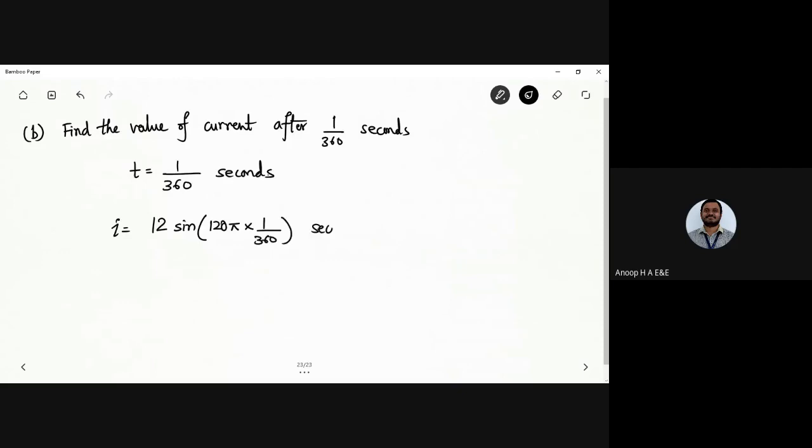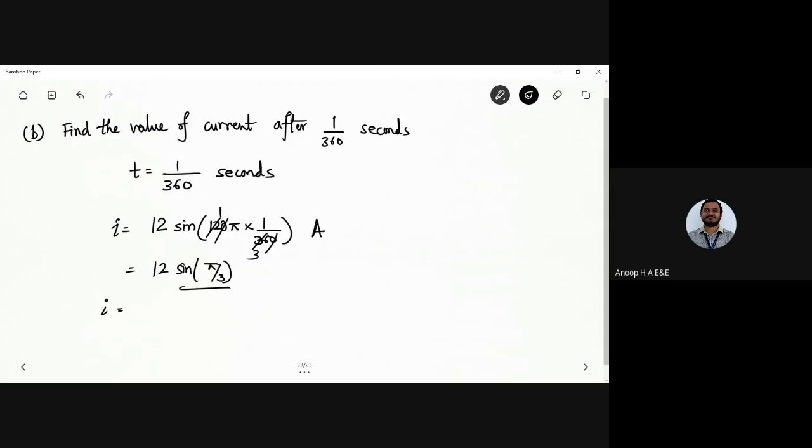Now I can cancel it: 12 ones are 12, 12 threes are 36. So I get 12 sine pi by 3 amperes. You can write it as 12 into sine pi by 3, or as 12 sine of 120 pi divided by 360, also fine.